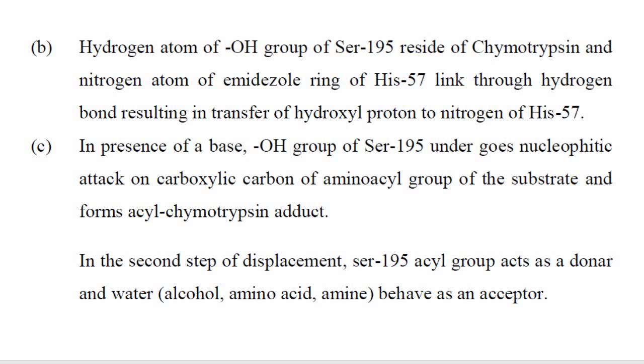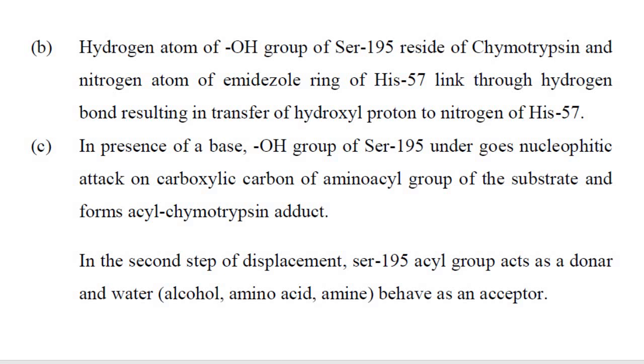Now look here at the second very important point for you. The hydrogen atom of the OH group of serine 195 residue of chymotrypsin and the nitrogen atom of the imidazole ring of histidine 57 link through a hydrogen bond, resulting in transfer of the hydroxyl proton to the nitrogen of histidine 57.